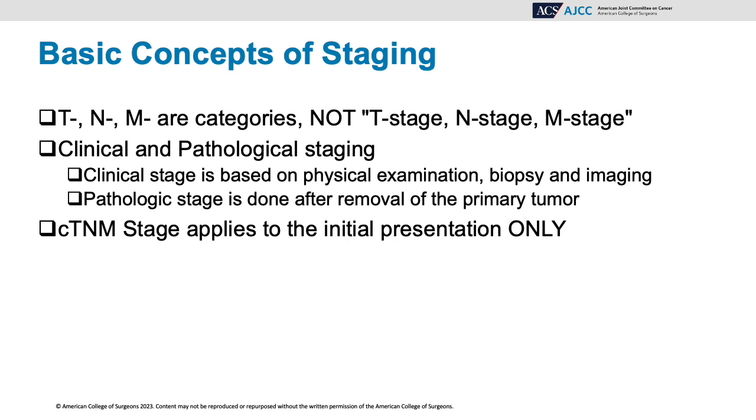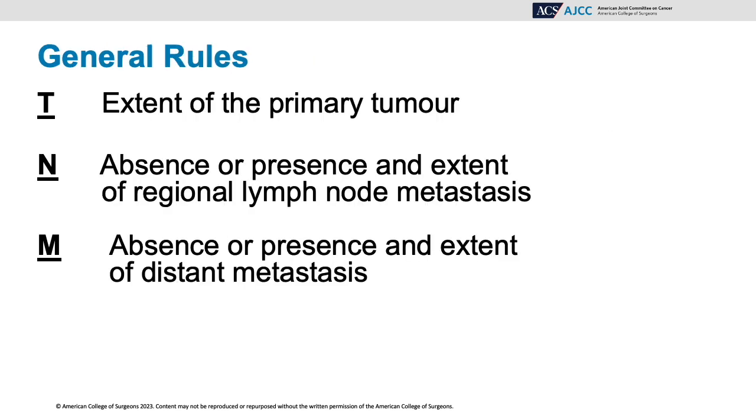Pathologic stage is done after removal of the primary tumor. Therefore, little c, TNM applies to the initial presentation only and never changes. I'll emphasize this. General rules: T is the extent of tumor, N, absence or presence and extent of node metastases, M, absence or presence and extent of distant metastasis.